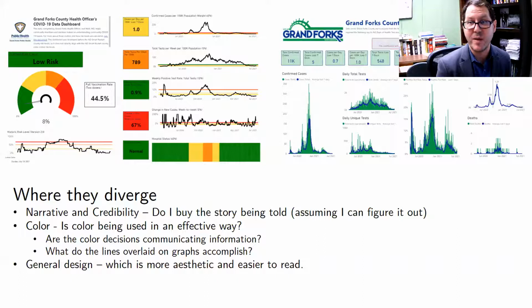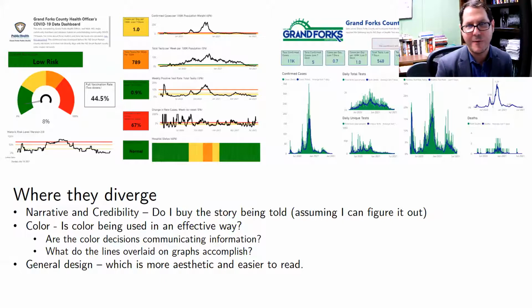And yeah, I can see the weekly average, but I'm not getting any additional information out of that. When I think about general design and aesthetics, I also think the public health dashboard does a much better job of directing the eye. And again, it comes back to the idea of lining up your key performance indicator with the graph that is associated with it. It's much easier to do that.